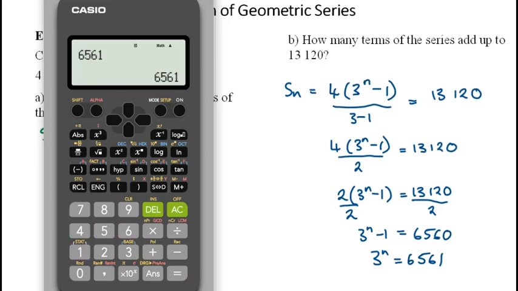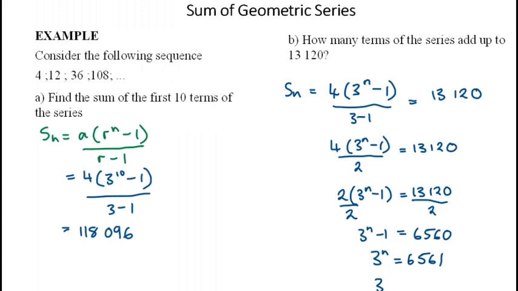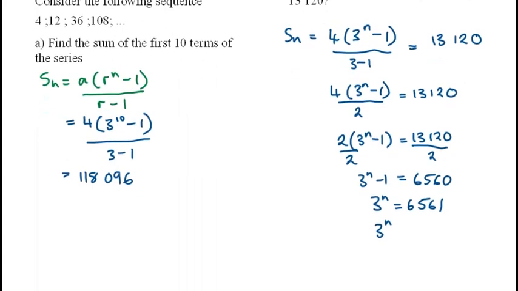You have to press equals first to be able to use that function, then shift factorial. Okay, so that's 3 to the power of 8. So 3 to the power of n will be equal to 3 to the power of 8, which means that n is equal to 8. So this is the sum of the first 8 terms.